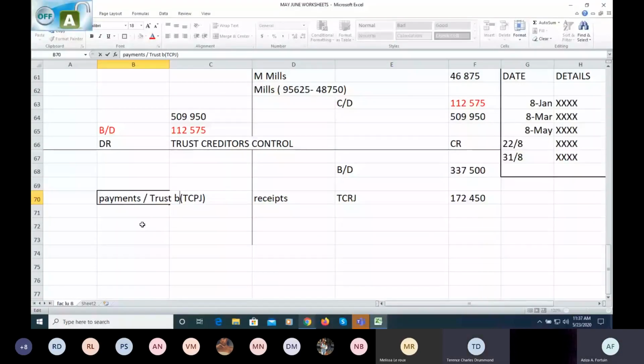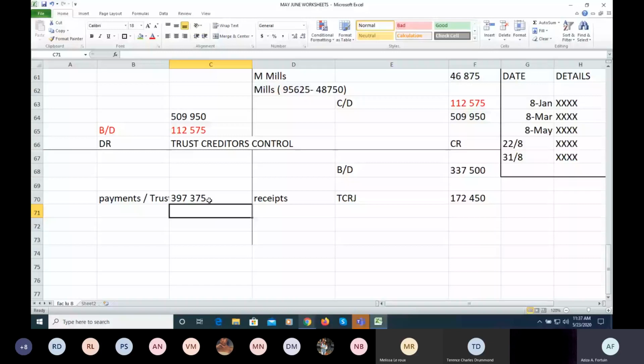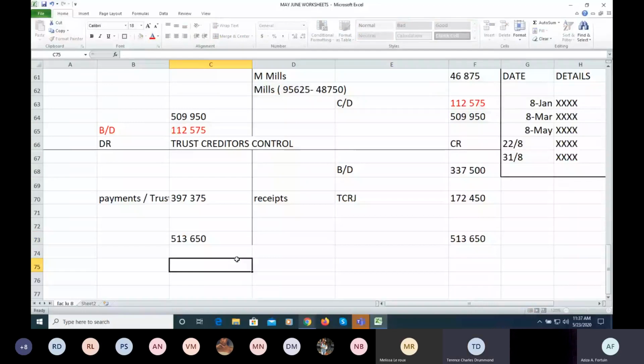Okay, so 337 and 172 is 513,650. And now there is a little bit of a problem, which is our interest. Okay. So what was our interest that we calculated here?